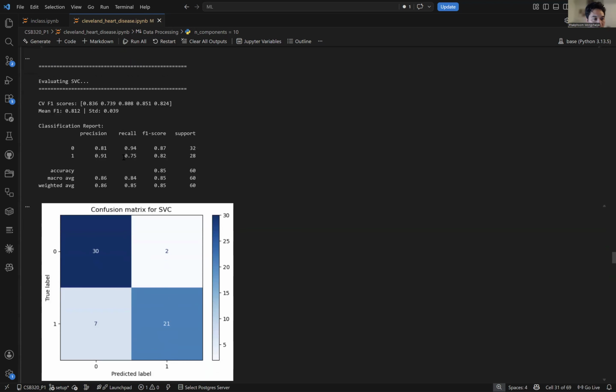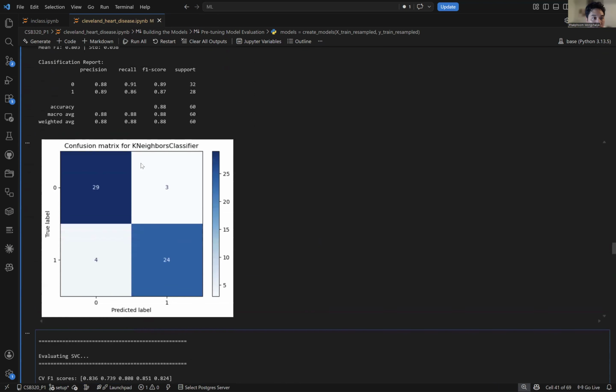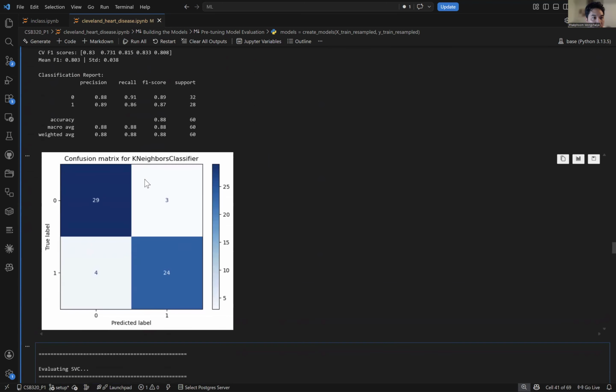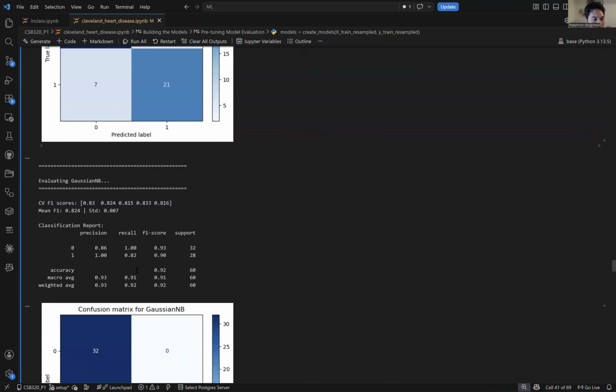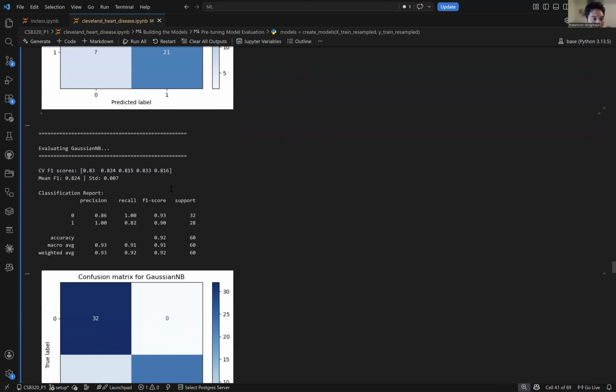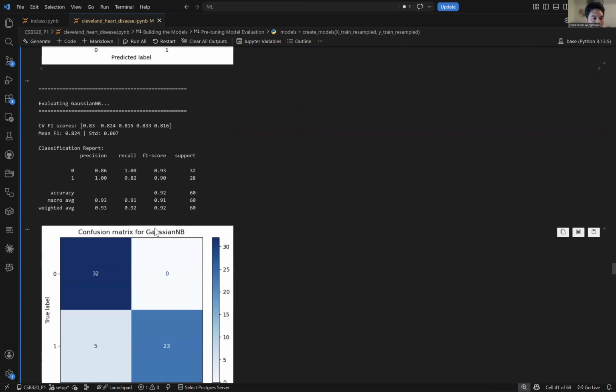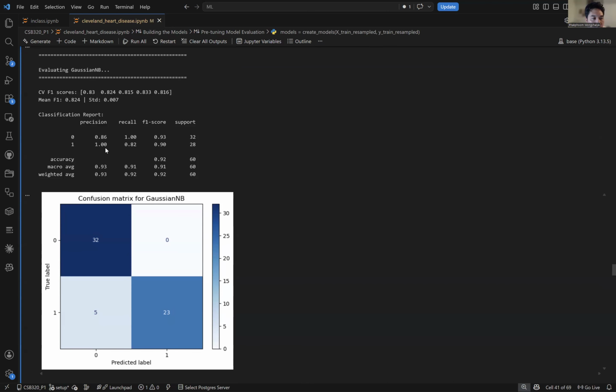I do want to flag that for SVC, its recall for class 1 is very low compared to KNN, which is a major red flag. And then Gaussian, as I predicted, did a really good job. It has a really high precision for class 1, 86% for class 0, and a pretty high recall score there.